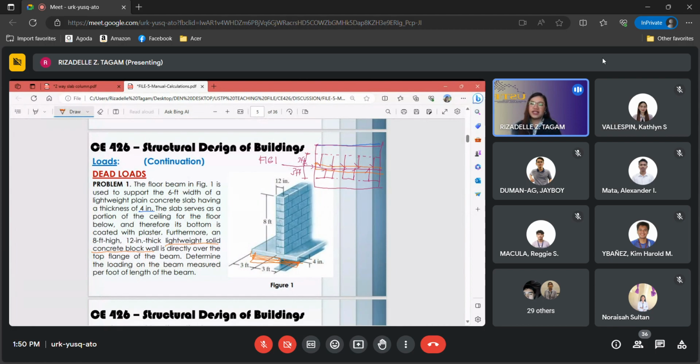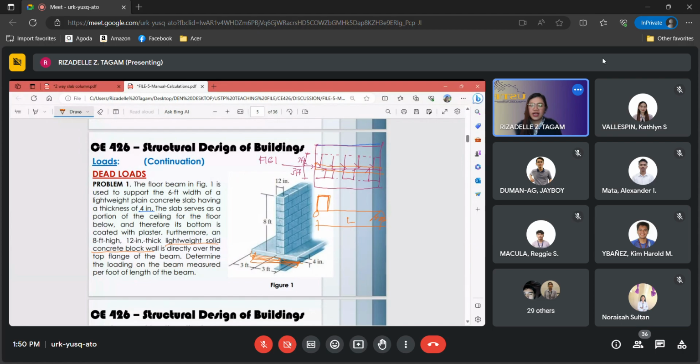So the load computation is per foot, so we take a 1 foot strip. Regardless of the length, since no length was given. It does not mention the length of the beam. However, we consider just a 1 foot strip.